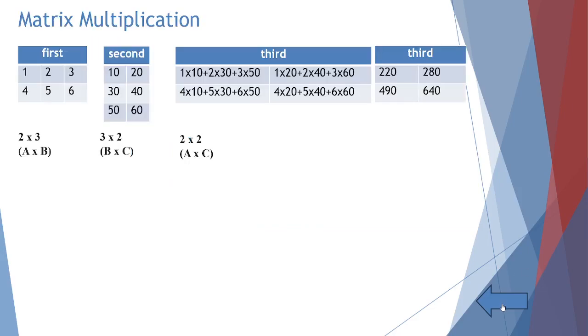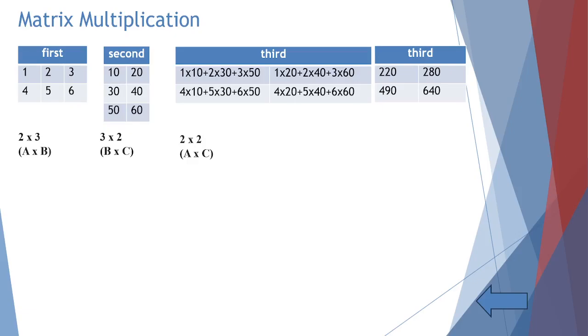Now what do we do? 1, 2, 3 and 10, 30, 50. In the first one, 1 multiplied by 10 plus 2 multiplied by 30 plus 3 multiplied by 50. In this area, first row, second column, that is 1 multiplied by 20 plus 2 multiplied by 40 plus 3 multiplied by 60.